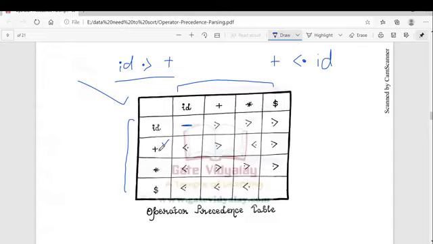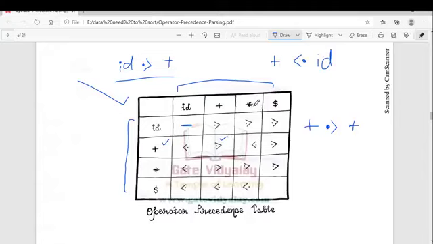Same as next one, plus and plus. I have already told you, if we have two operators of equal precedence, then we will check their associativity. Plus is a left associative terminal, so for plus and plus, its left side should be open.